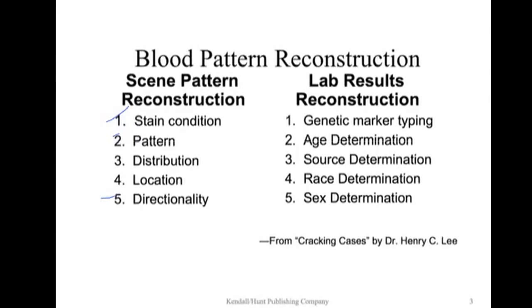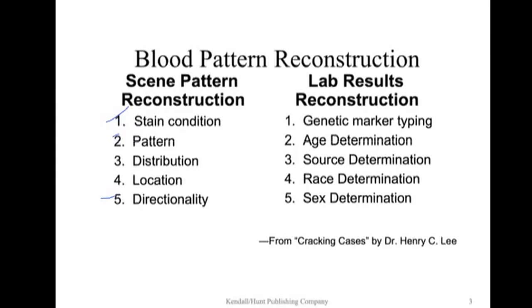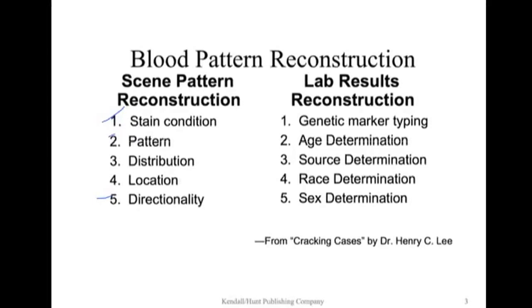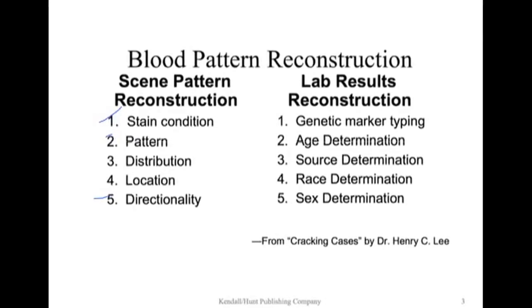Once the blood is processed and brought back to the lab, you can look at genetic markers, age, sex, race, source, all things like that. Depending upon the part of the body, other body fluids might even get mixed in, so you might be looking at more than just blood.